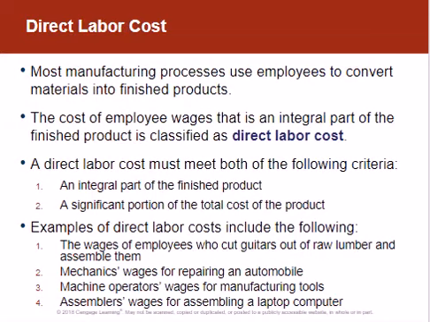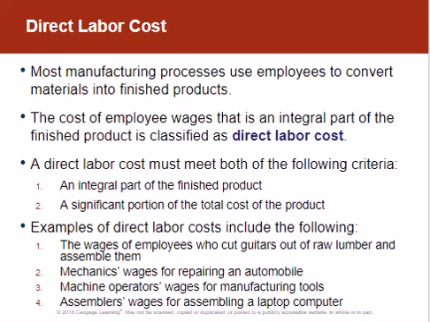Most manufacturing processes use employees to convert materials into finished products. The cost of the employee's wages that is an integral part of the finished product is classified as a direct labor cost. A direct labor cost must meet both of the following criteria: it must be an integral part of the finished product and a significant portion of the total cost of the product.